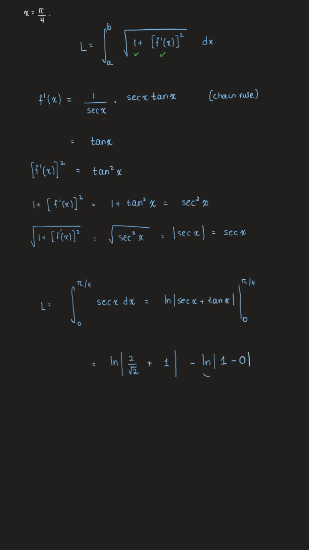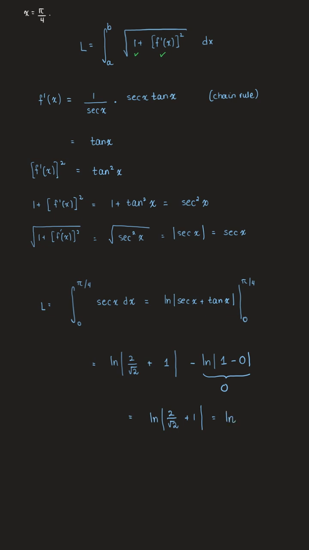And the natural log of 1 is 0. And so we are left with the natural log of 2 over root 2, which you can rationalize if you would like to, plus 1.